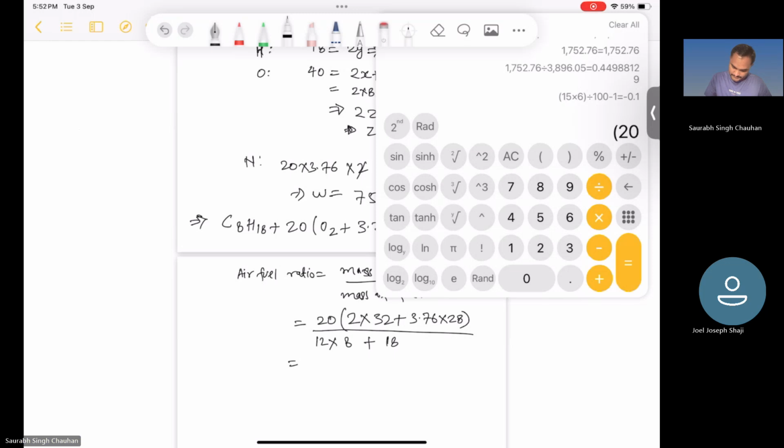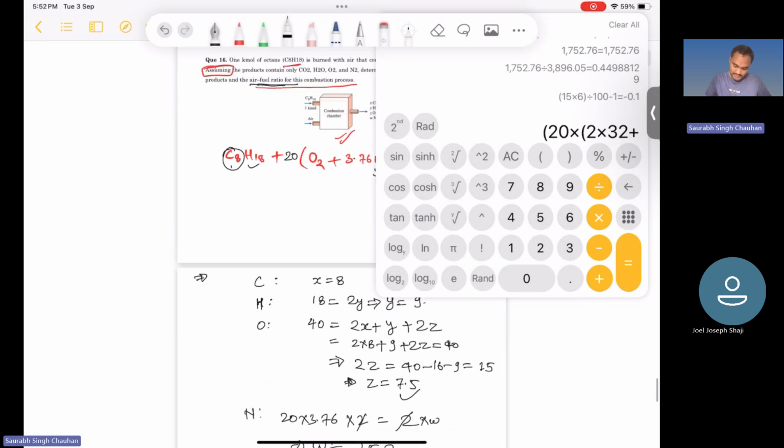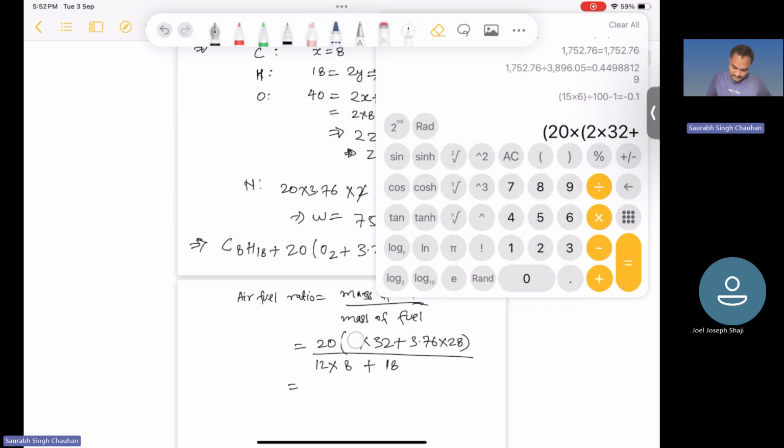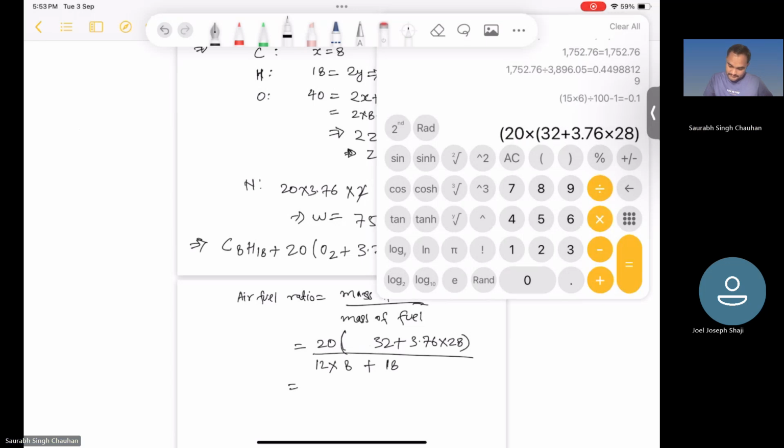20 into 2 into 32. Why am I writing 2 here? 32 is correct because 32 is for oxygen, plus 3.76 into 28, divided by 12 into 8 plus 18.